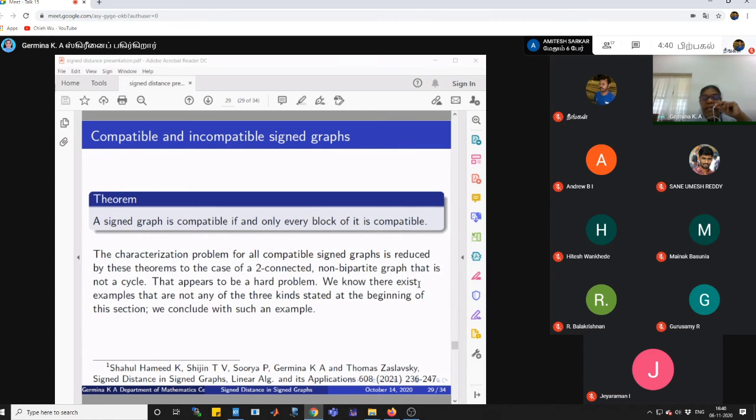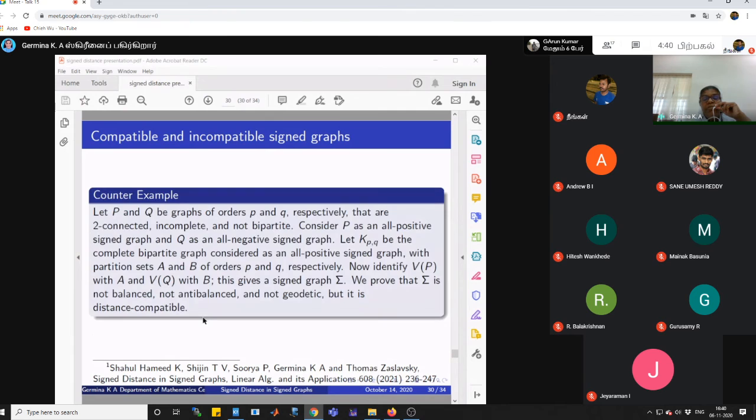We know there exist examples that are not any of these three kinds stated at the beginning of this section. So we conclude with an example because we find it difficult to find the other classes which are not included in this class. So we got one example. Which means there are other graphs also which are not in these three classes.